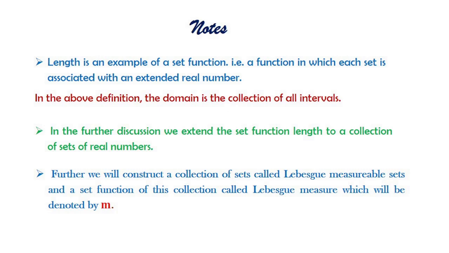But further, we will construct a collection of sets called Lebesgue measurable sets and a set function on this collection called Lebesgue measure, which will be denoted by m. Henri Lebesgue is the name of the mathematician who defined a class of sets called measurable sets, and that class, according to his name, is called Lebesgue measurable sets. Obviously, we will define a measure for those sets, and that measure will be called Lebesgue measure, denoted by m.